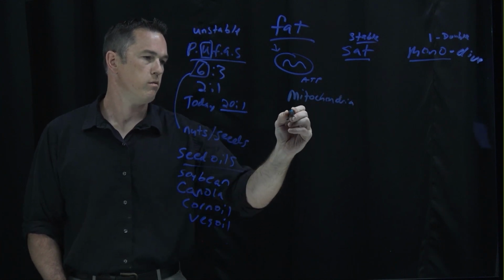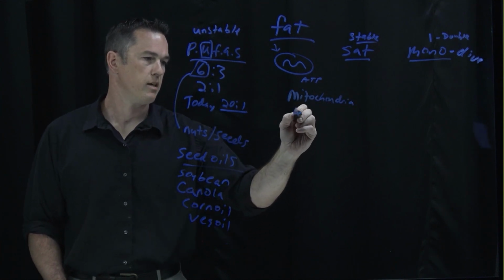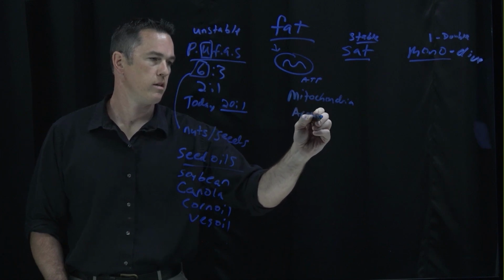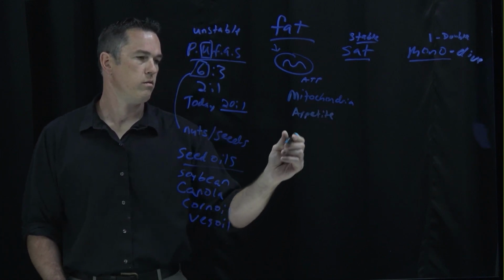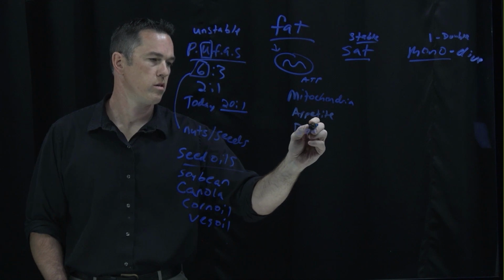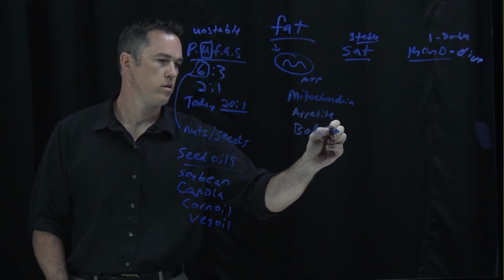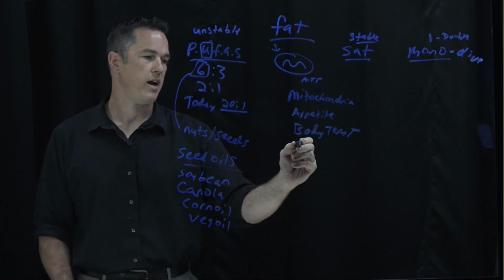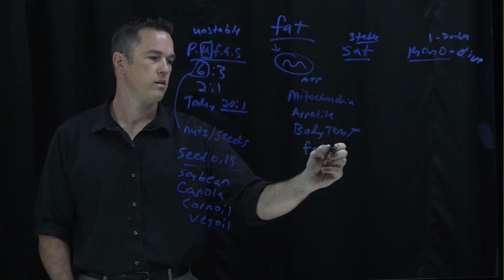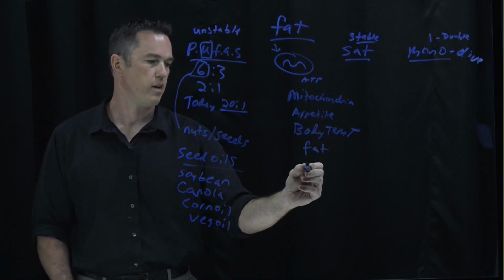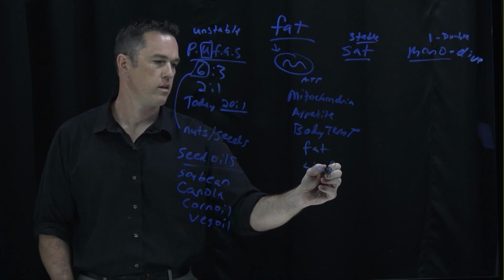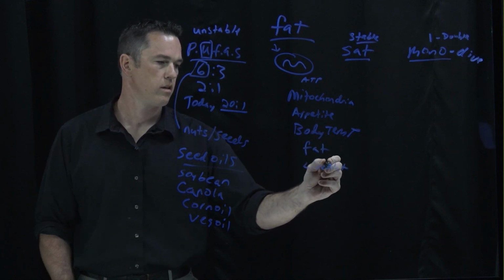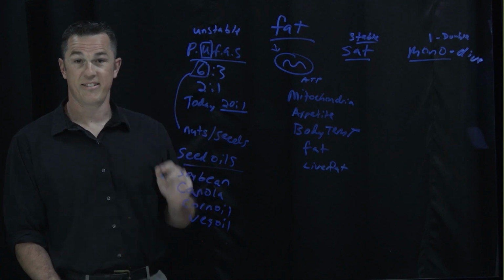What are they doing to our appetite? What are they doing to our body temperature? And our body fat and our liver fat. This is where it kind of gets interesting.